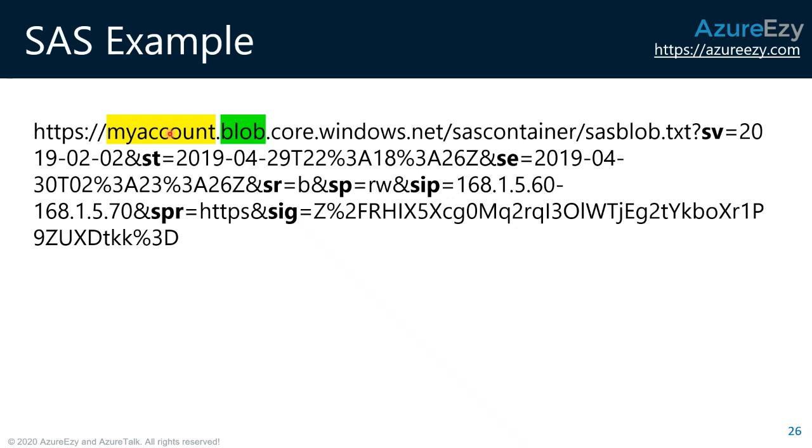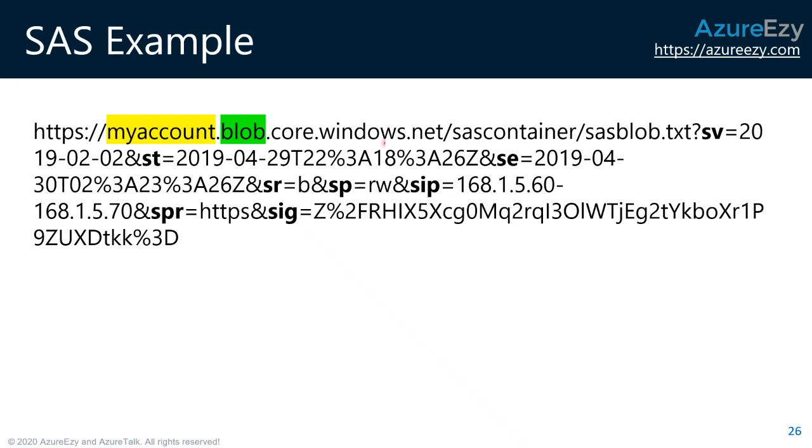When you create a storage account, it must have a globally unique name, like my account name. Then it has a DNS name suffix like blob. If it is a blob, it will be blob; if it is a file, it will be file; if it is a table, it will show table; if it is a queue, it will appear as queue. Then there will be a suffix like core.windows.net, which is a Microsoft DNS suffix.